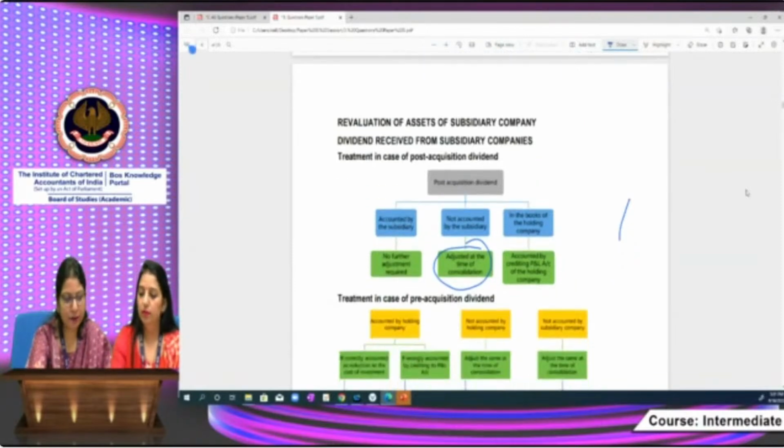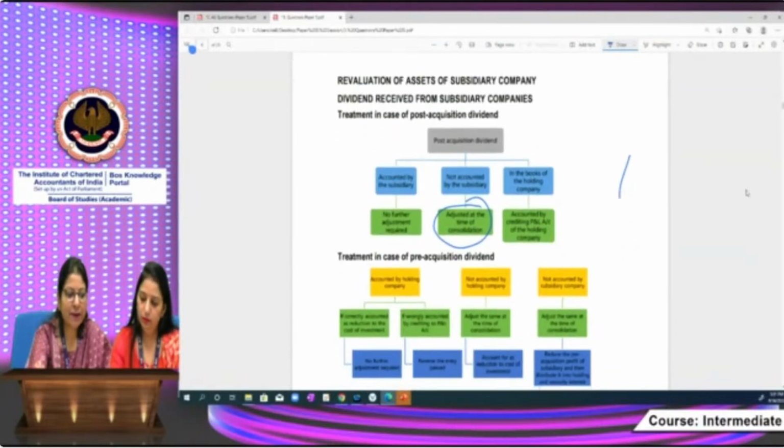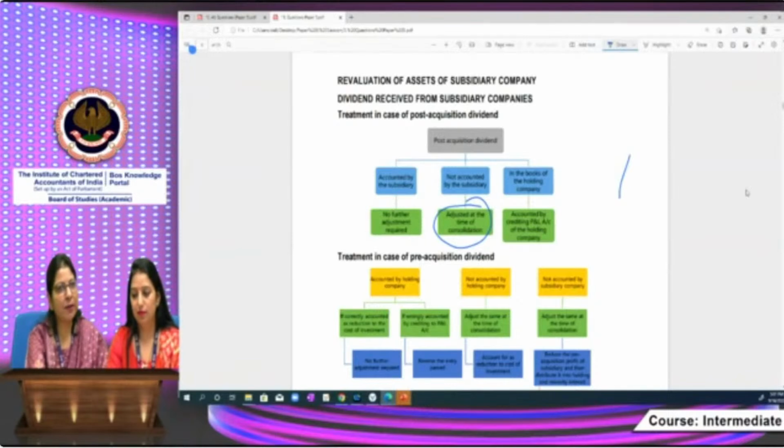Then in case of pre-acquisition dividend, we have already explained that any dividend pertaining to the holding company will be considered as a capital income, and it will be considered for the calculation of cost of control of the holding company. Regarding minority interest, no differentiation has to be made, and whatever dividend pertains to the minority will be suitably provided to them.